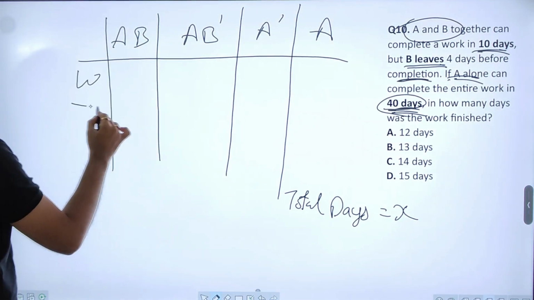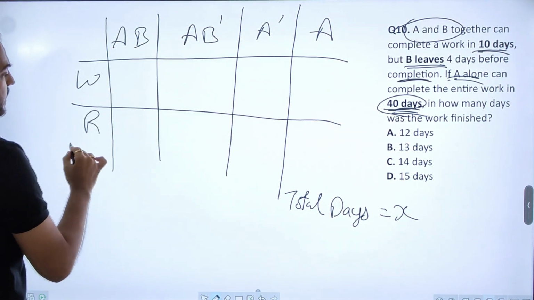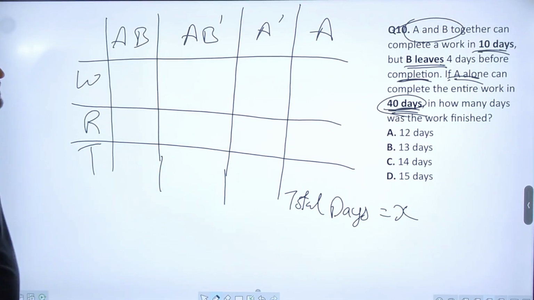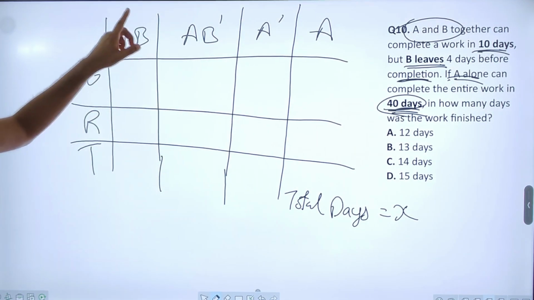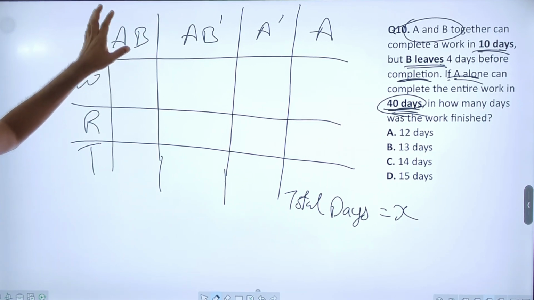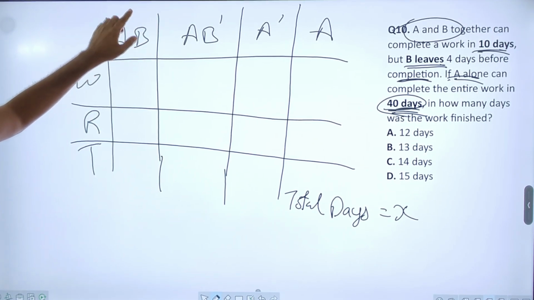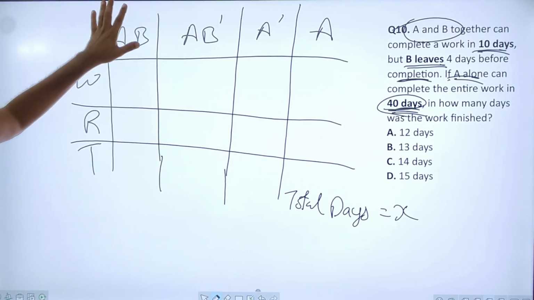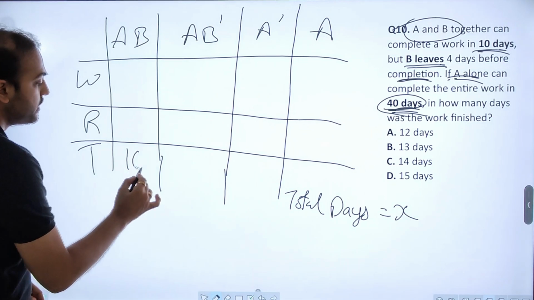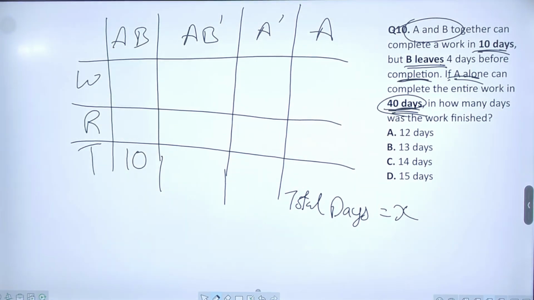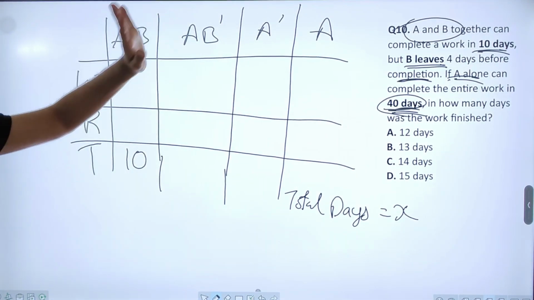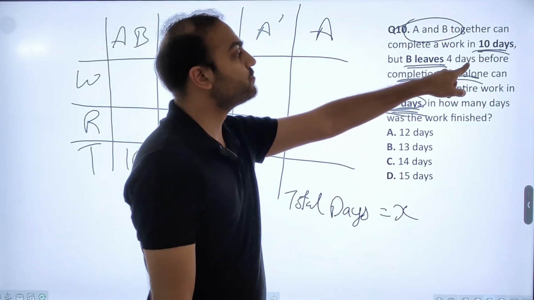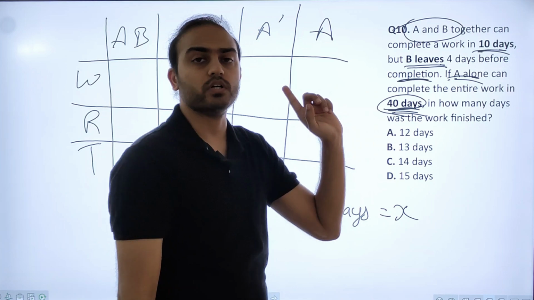Again, my work, rate and time. When A and B are completing the whole work, that is why I have not written any dash here. They take 10 days. This is your hypothetical scenario. What is happening is B is leaving 4 days before the completion of the work.